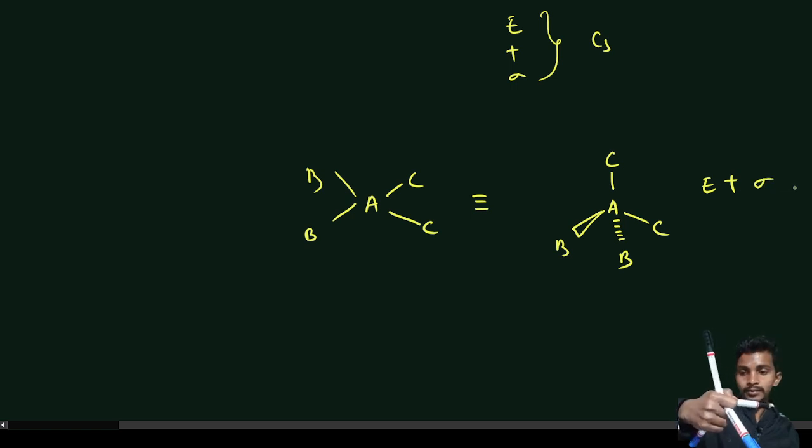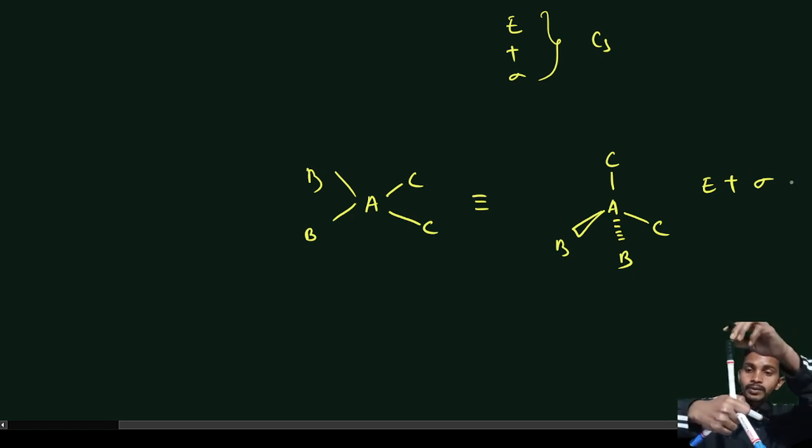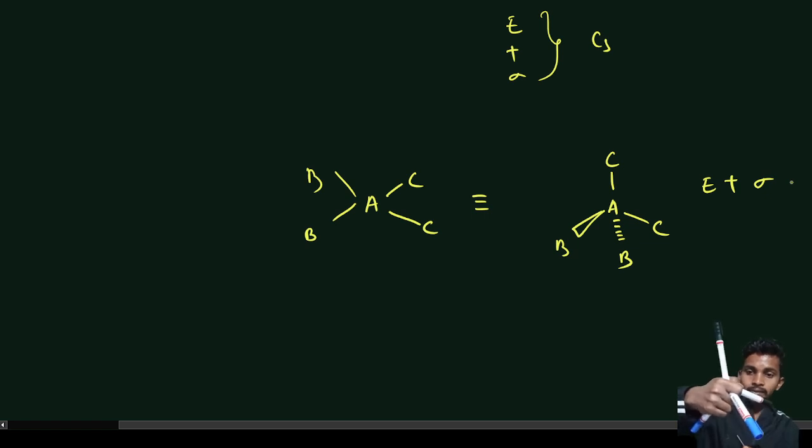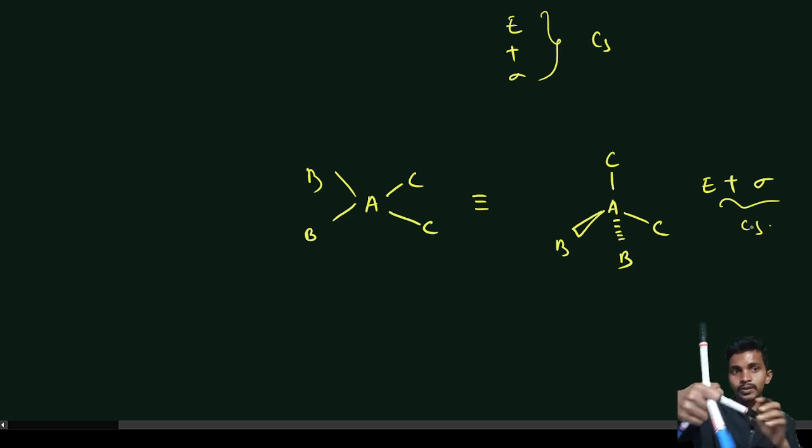And any C axis is not present, because if you cut, this will go here, and if you cut, this will go here. Although these and these are same, and these and these are same, we are not getting that axis anywhere.